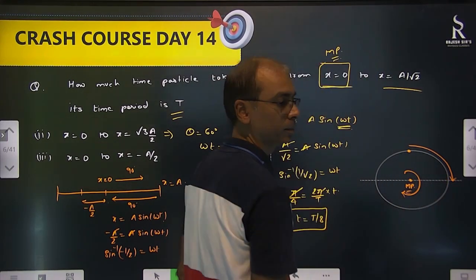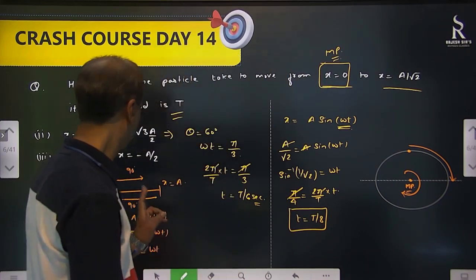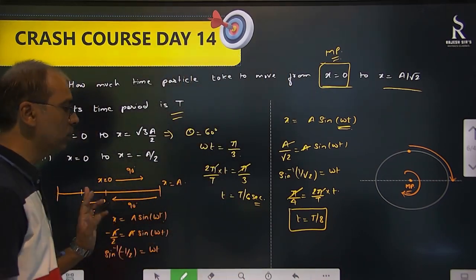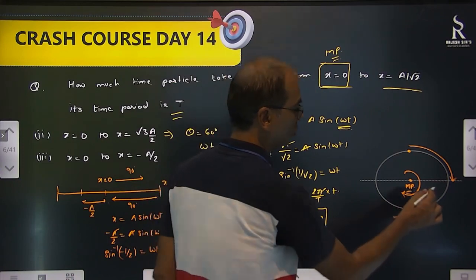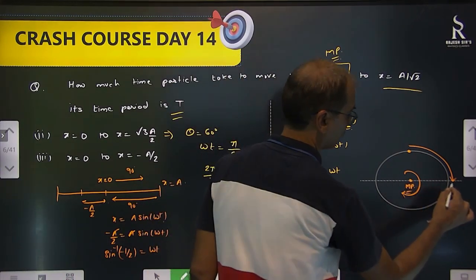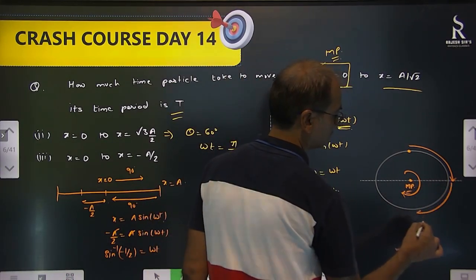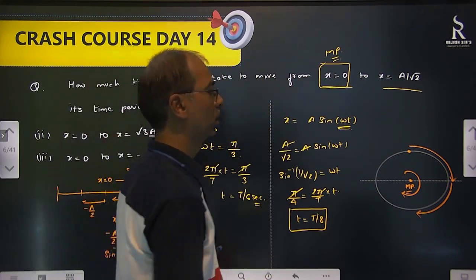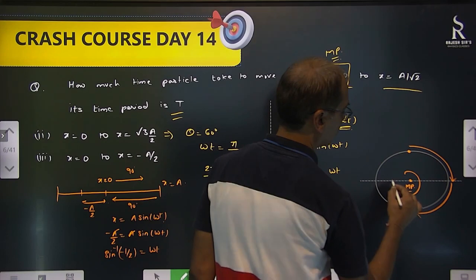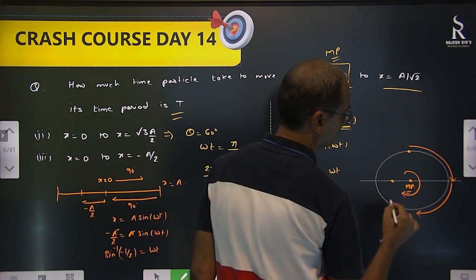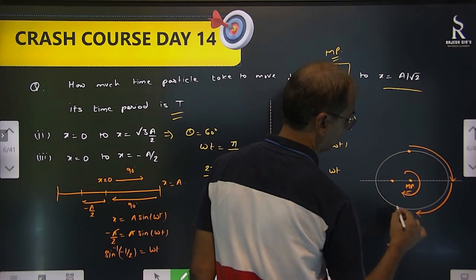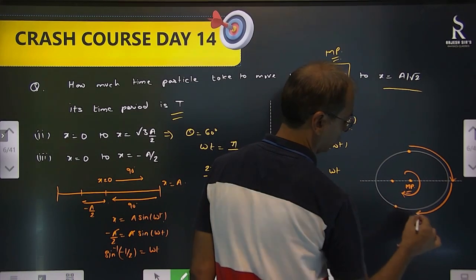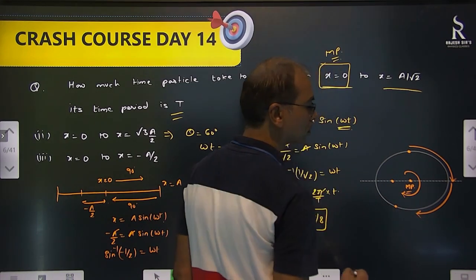Then from A to 0 again back, so like this it will come back. Then from here it comes here, minus A by 2. When it comes to minus A by 2, where is this particle? The circular motion doing particle is here.